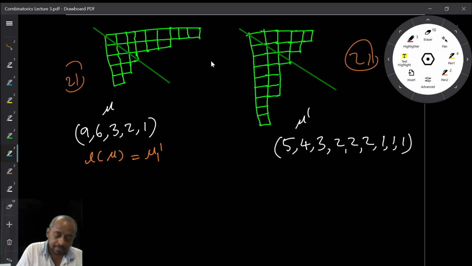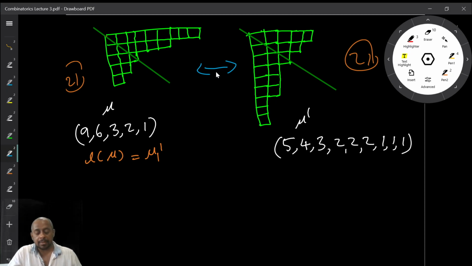These figures are in one-to-one correspondence with this reflection. So you take any figure here, do a reflection, you will get another figure here, and that figure will again be a partition of the same number that you are looking at. So I take this figure, take a reflection, I will get a partition here.